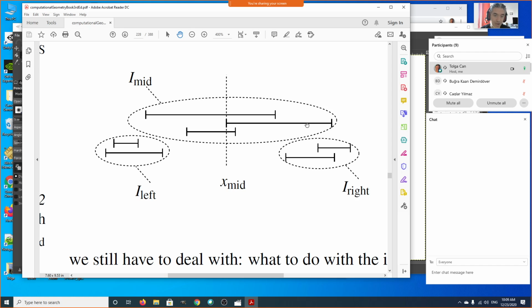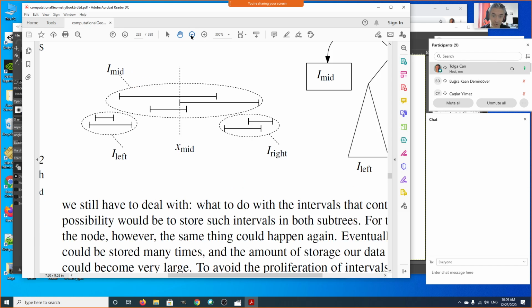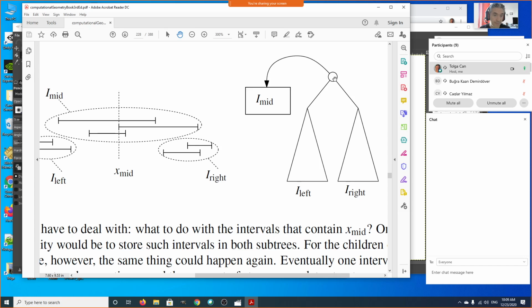So if I have a QX to the right of x mid, I can just get rid of all of the line segments in I left. So I'm going to continue my search recursively on the right subtree. If QX is greater than x mid, continue on the right subtree.